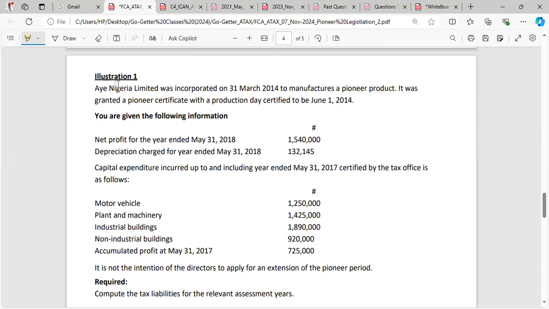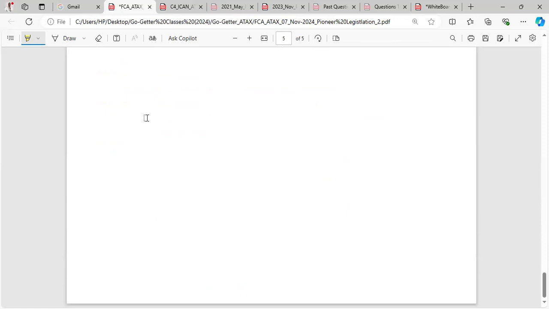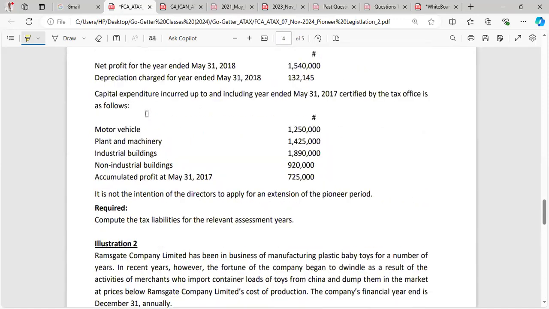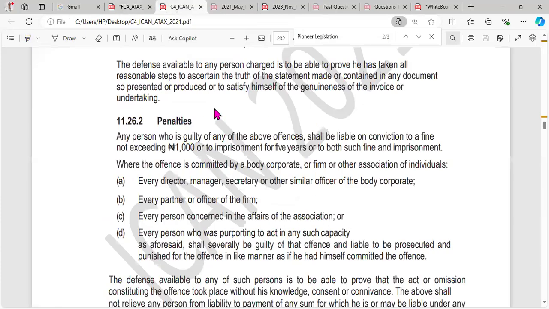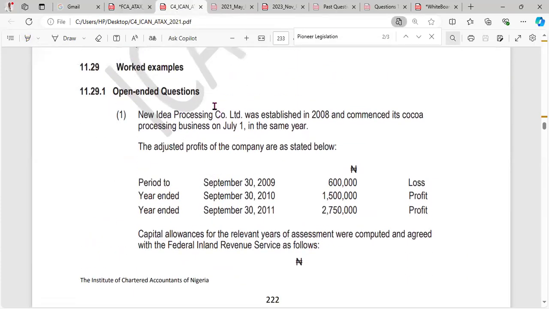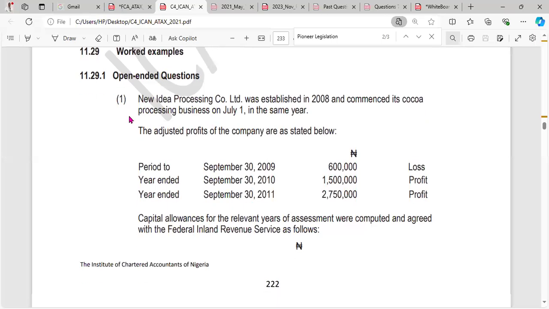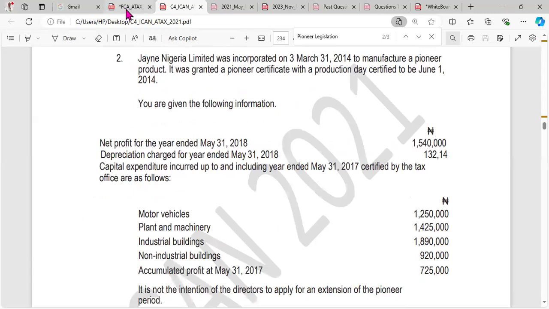So this is illustration 1 and this is illustration 2. I will give you an assignment which you will need to submit. We'll look at the past question here.